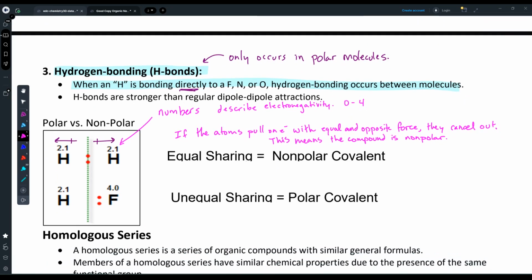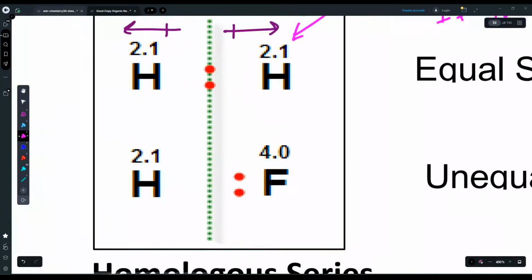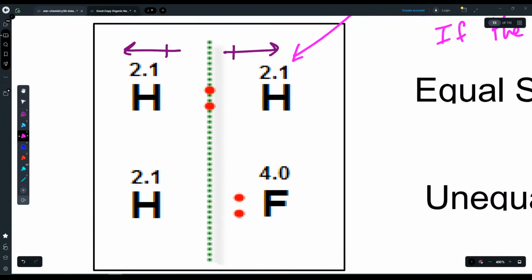For unequal sharing, let's just look at this picture right here. Hydrogen has an electronegativity value of 2.1, fluorine has a value of 4. If we were to draw a dipole arrow, it would go towards fluorine, so the arrow always points in the direction of the more electronegative element.